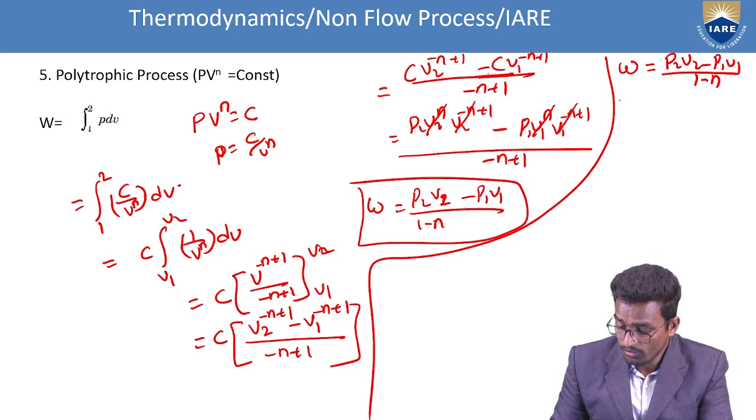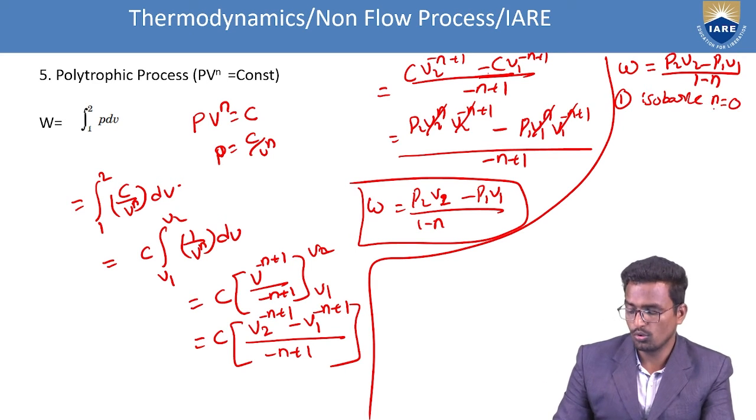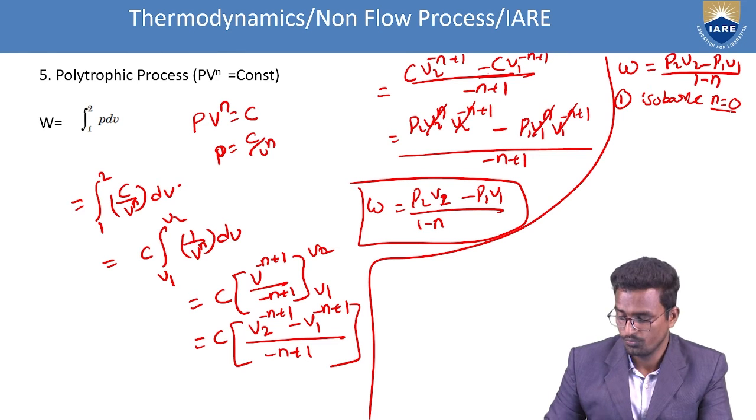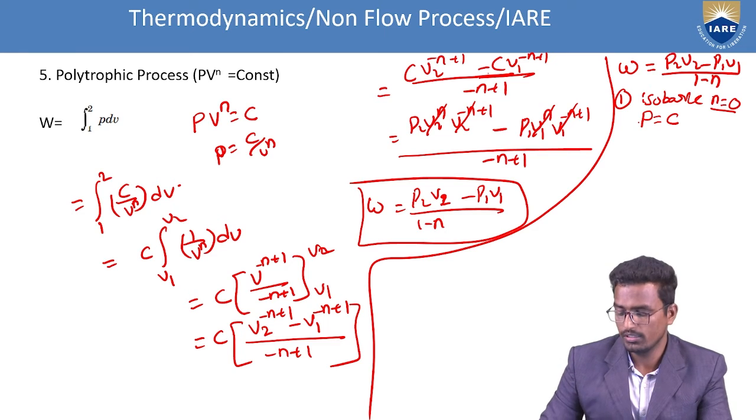First, the isobaric process. For the isobaric process, the n value we take as 0. So in this process P is a constant. Isobaric means constant pressure, and n value is 0.